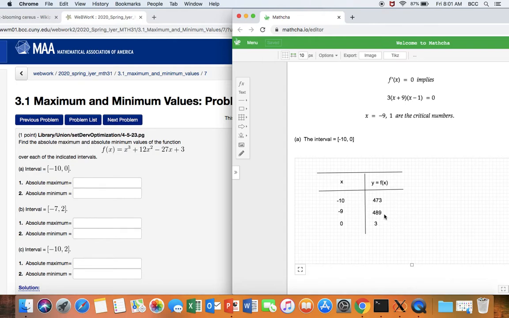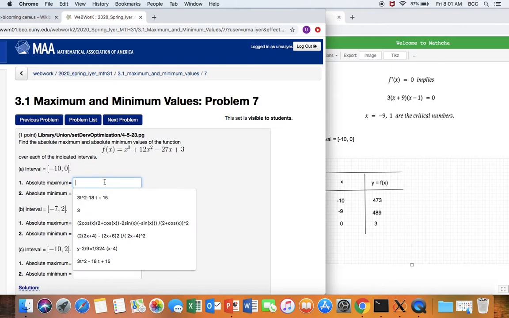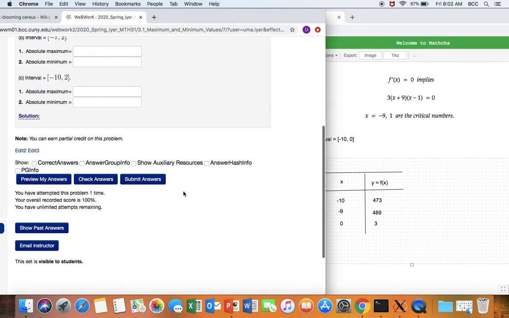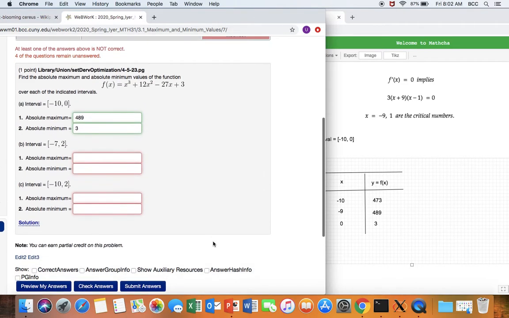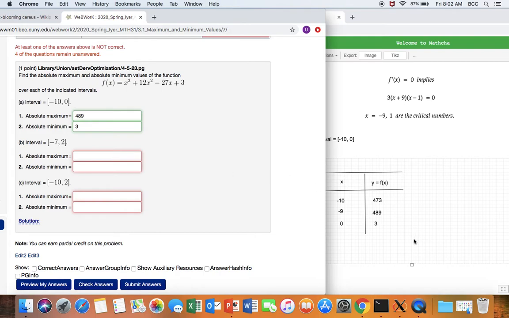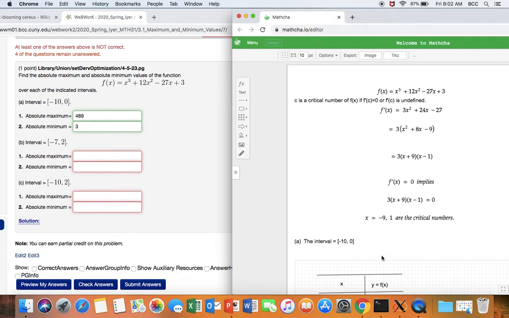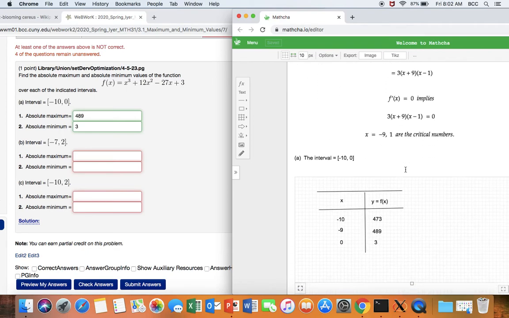Now the absolute maximum is 489, and the absolute minimum is 3. All right, let's check. There, they are correct. Continuing similarly, what I get here is, my critical numbers are negative 9 and 1.